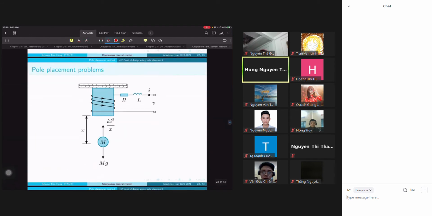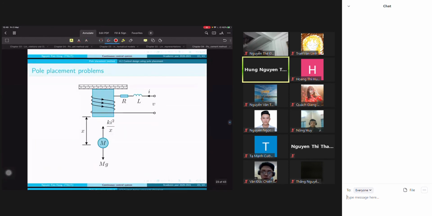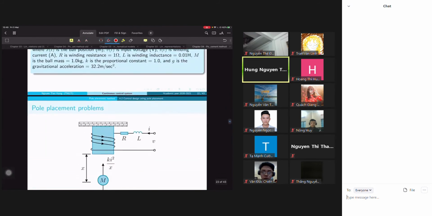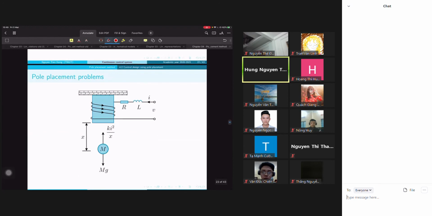Okay, now we look at the example. We have a magnetic ball suspension system. Assume that we have the metal ball here, and assume that we have the electrical magnet here, and we put the current in here. Now we would like to control the position of the metal ball.